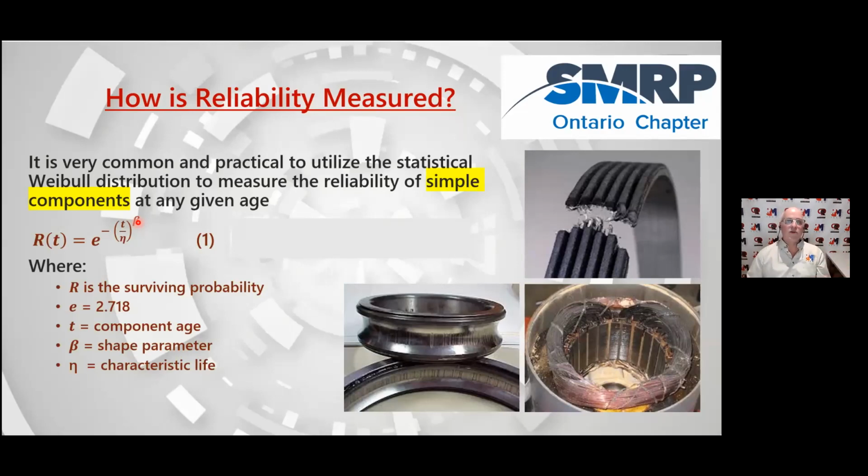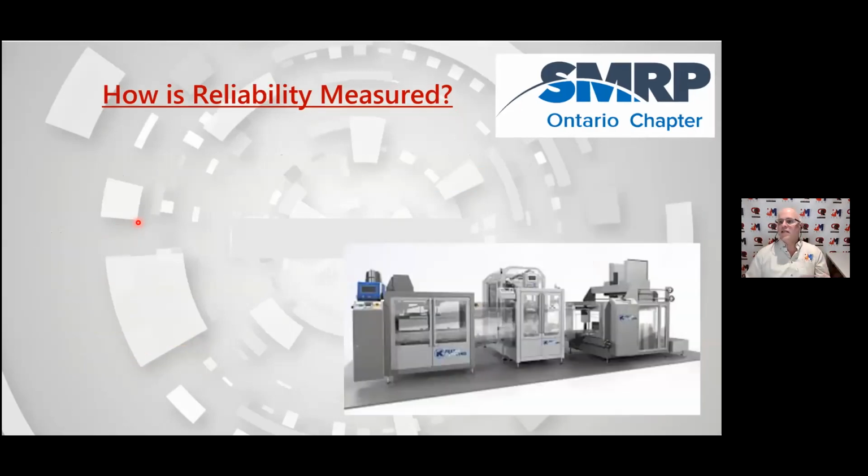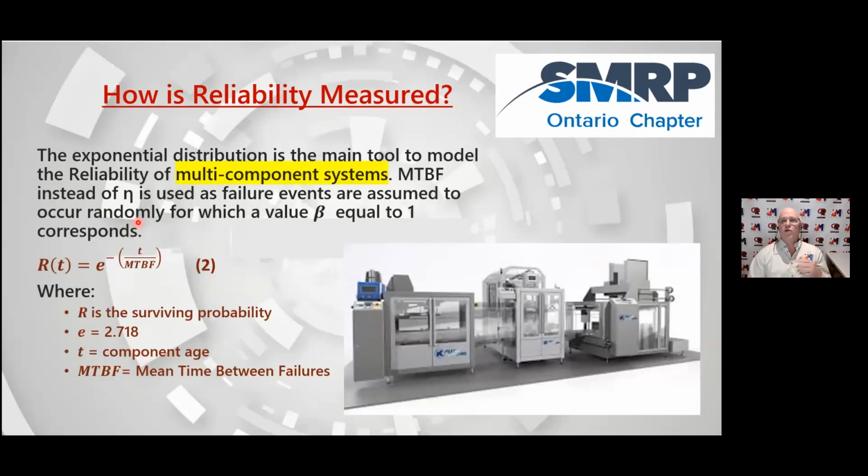And this is very important information for us to make decisions from the maintenance standpoint and also from the reliability standpoint. If we are talking about complex assets, assets that are comprised of many types of components, we will do it a little bit differently. We can use, for example, the exponential distribution because failures tend to be more random.